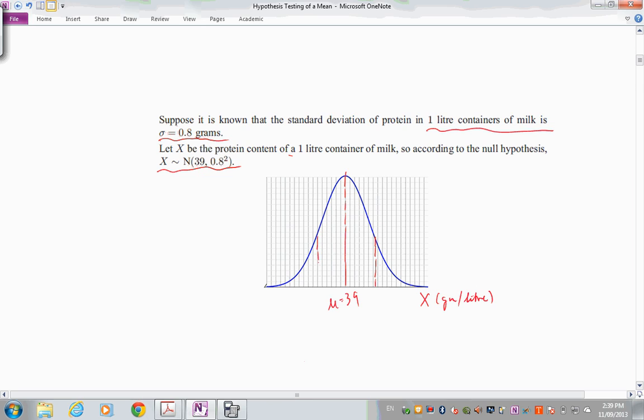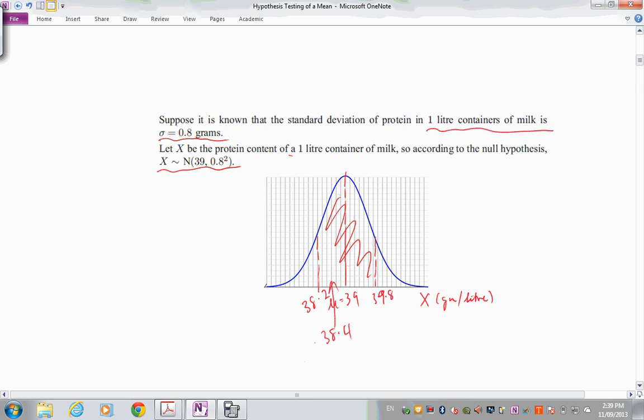So this will be 39.8, and take off 0.8, 38.2. So that would be one standard deviation either side. Well, it doesn't seem to be too far off, does it? 38.4 is in that bundle there.